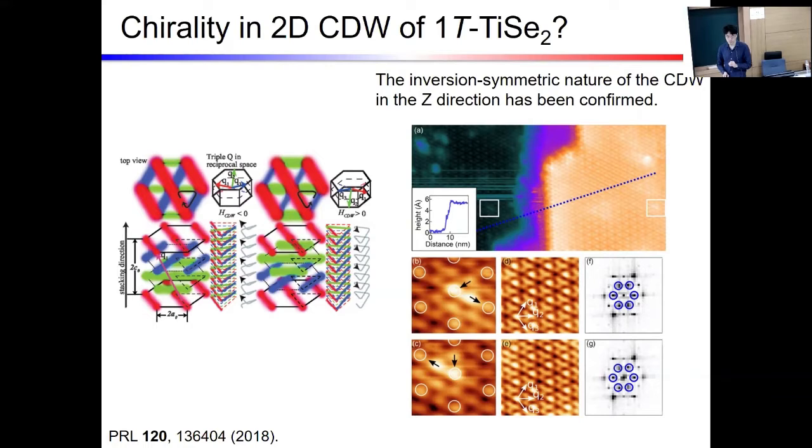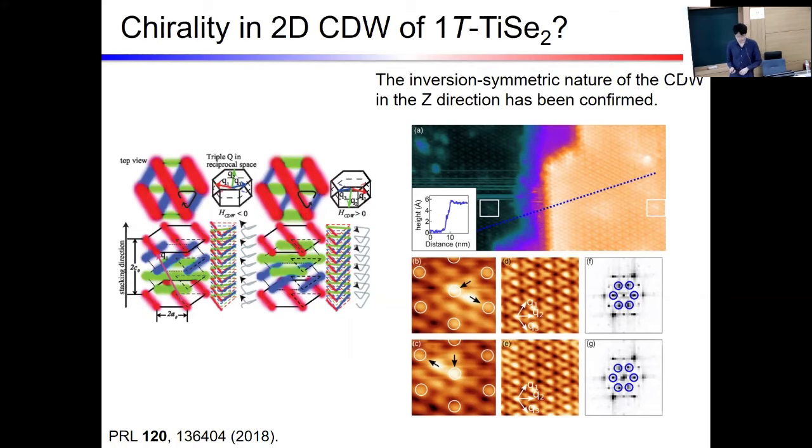And they also confirmed that the titanium diselenide structure, even in the CDW state, still preserves the inversion symmetry, which means they don't have any chiral structures at all.